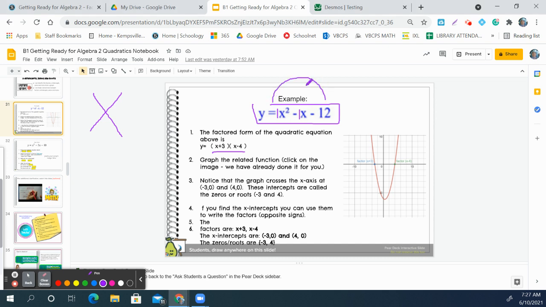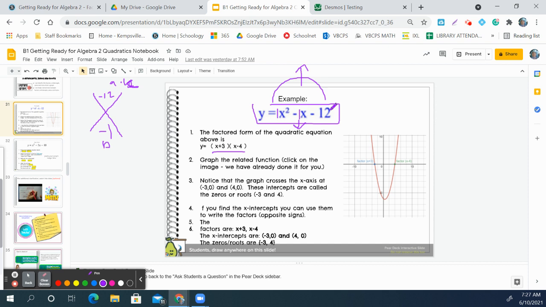So 1 times negative 12 goes to the top. What multiplies to negative 12 and adds to negative 1? The first and the last, A times C, my bad, and then B down here.